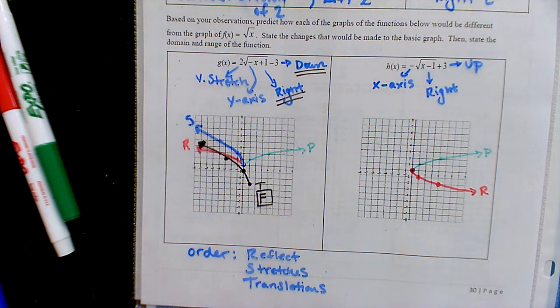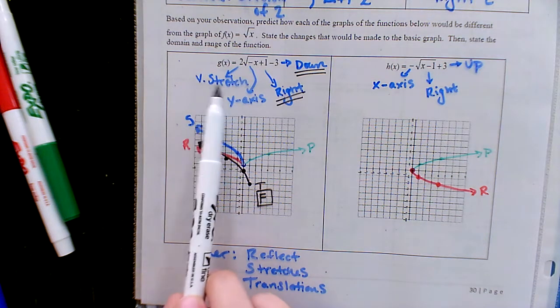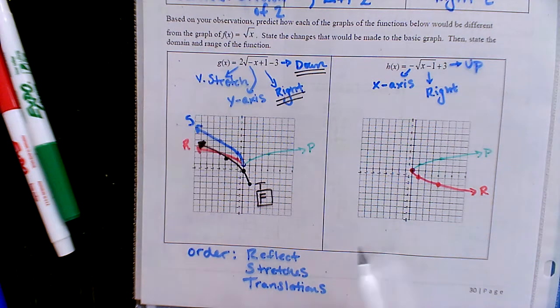Next is S. Did we label any stretches? I'm seeing head shakes. No? Okay, we didn't label anything vertical stretch, right? All right, so that's one good thing because that's one thing less that we have to do. What about translations?